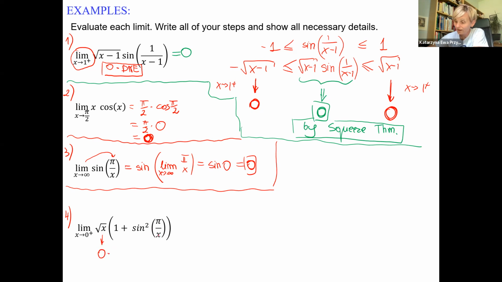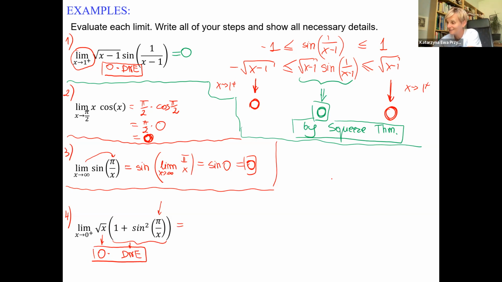And then we have pi over x. Pi over a small number is a big number. Sine at infinity is undefined, plus 1 is undefined. Okay, that means again a similar thing. Let's use the squeeze theorem and let's finish the session.